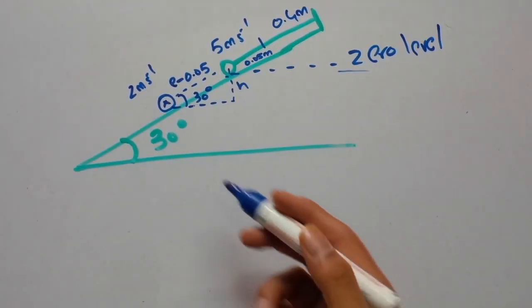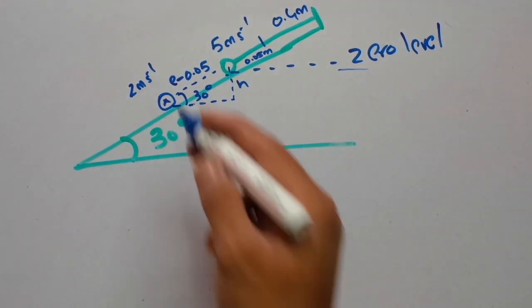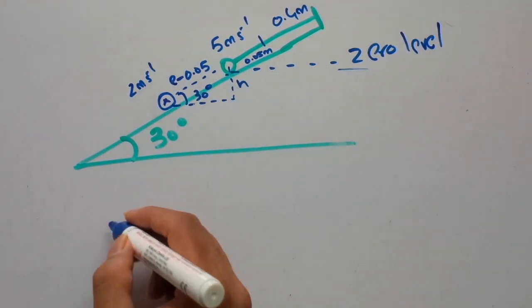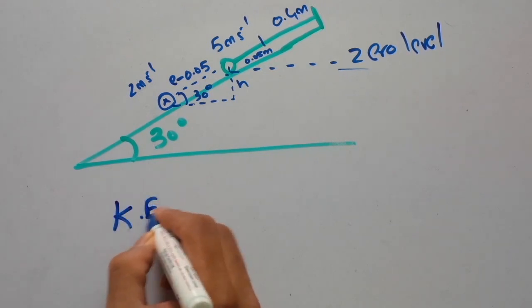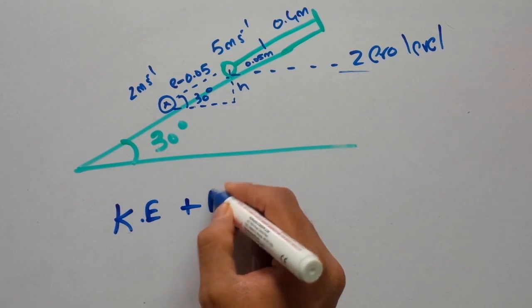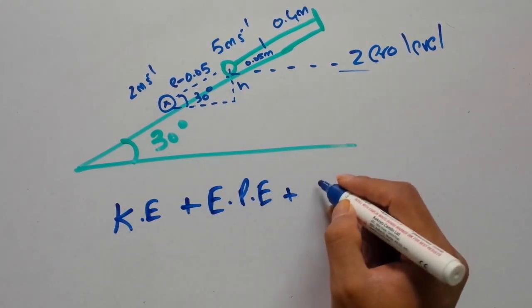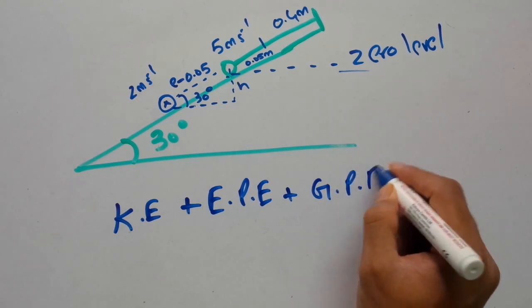Now we're going to write the energies of the particle at this point. At that point, we have kinetic energy plus elastic potential energy plus gravitational potential energy.